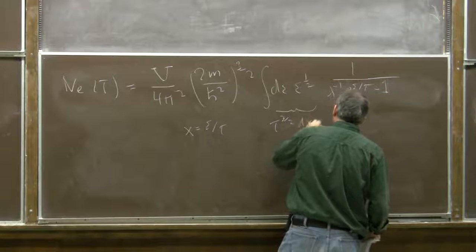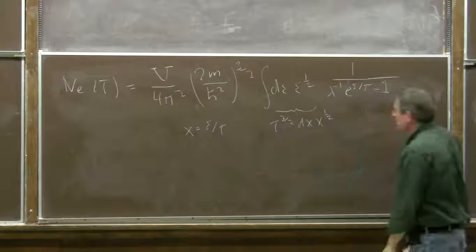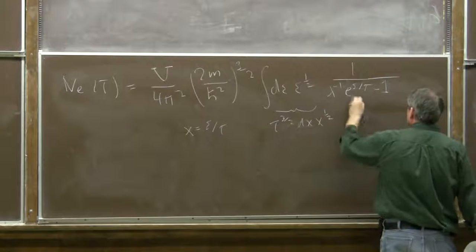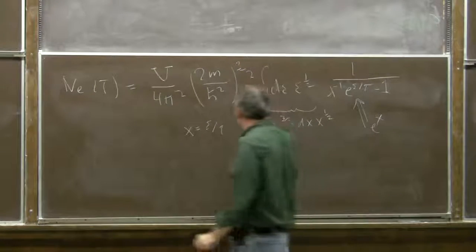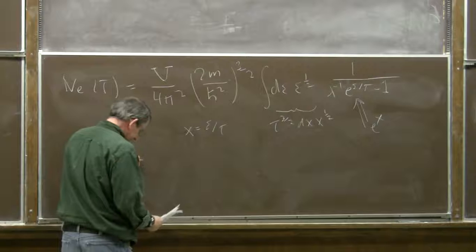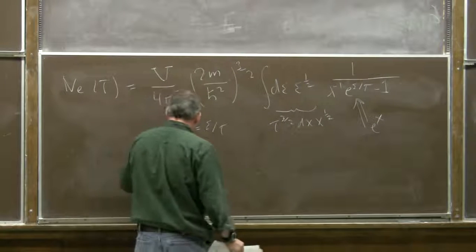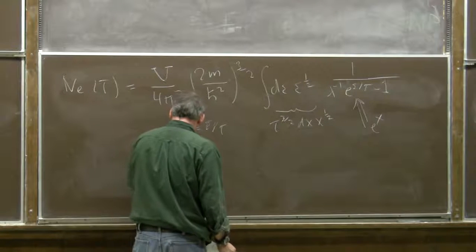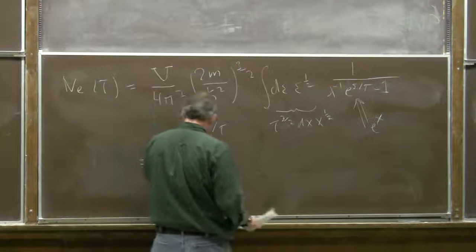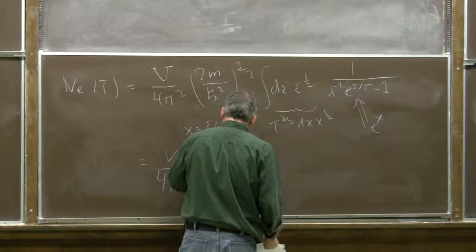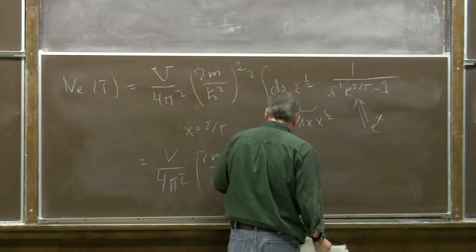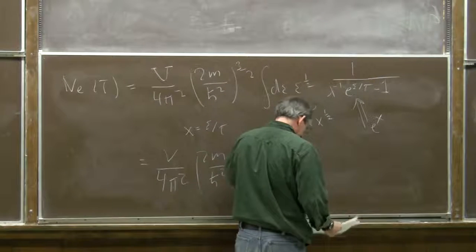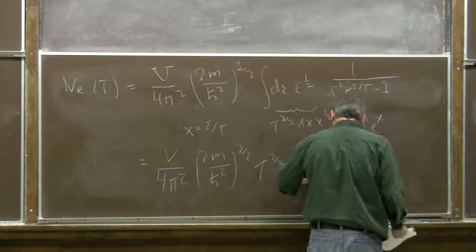So I take out a tau to the 3/2, and now we have 4 pi squared in the denominator, volume in the numerator, 2m over h bar squared to the 3/2, temperature to the 3/2, times the integral dx.